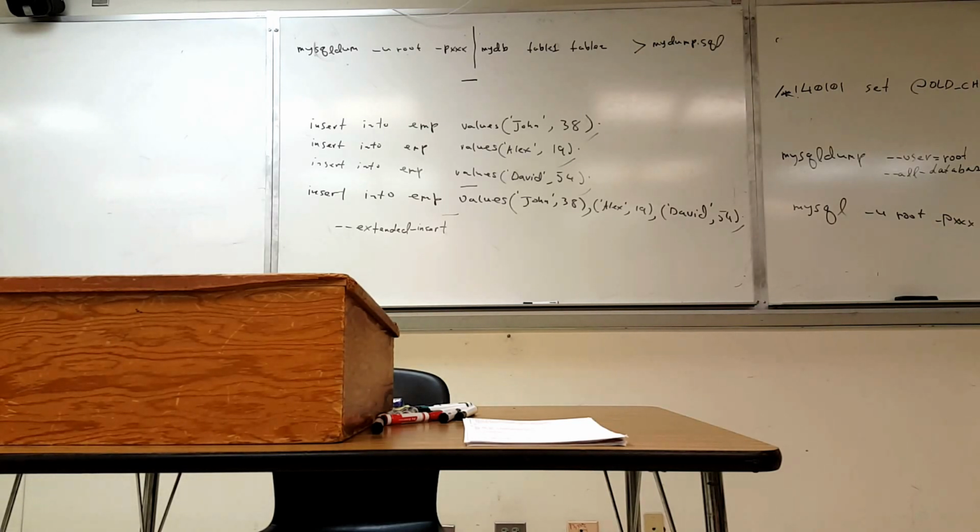Dash dash lock all tables. It means when you are doing the backup, lock the tables, and when you're restoring, lock the tables, because we don't want corruption to happen.